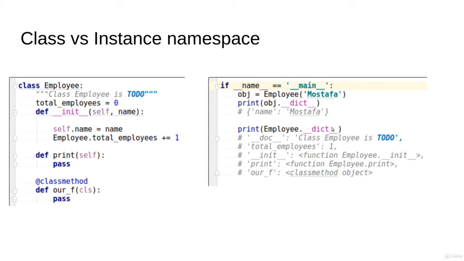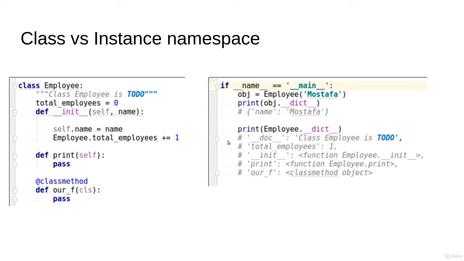This guy has the attributes of your object. If you try to print object.dictionary, you will notice that you will have only a single attribute name, which has a value Mustafa. As you see here, the object from an employee will have only the variable name, that's all. But it doesn't have, for example, the total employees.